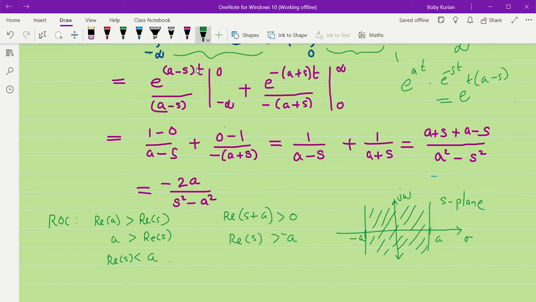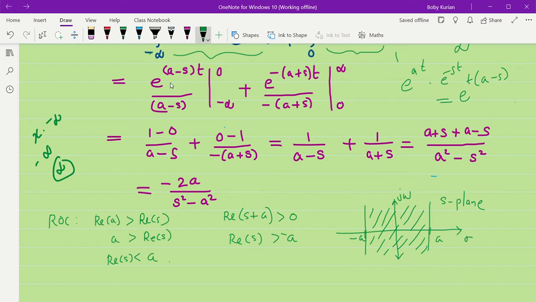If a minus s is positive, that becomes minus infinity. Taking x into minus infinity, if the value of x is positive, this is nothing but minus infinity, whereas if x is negative, minus that becomes plus infinity.